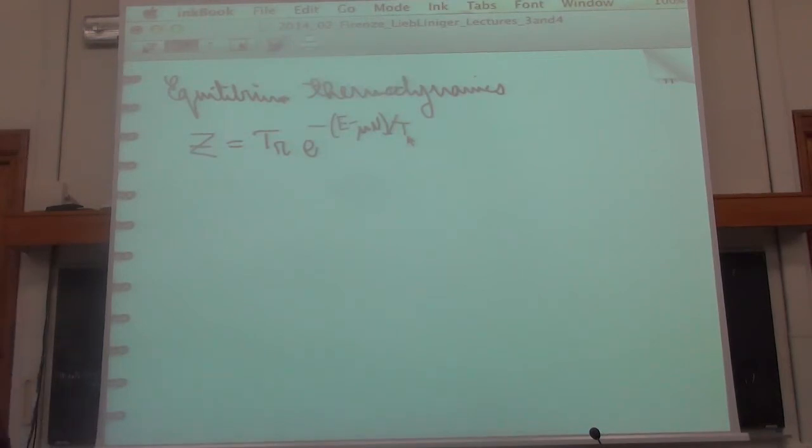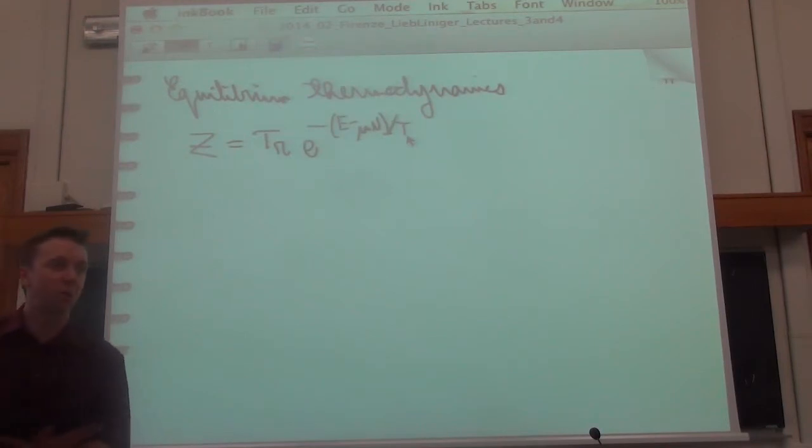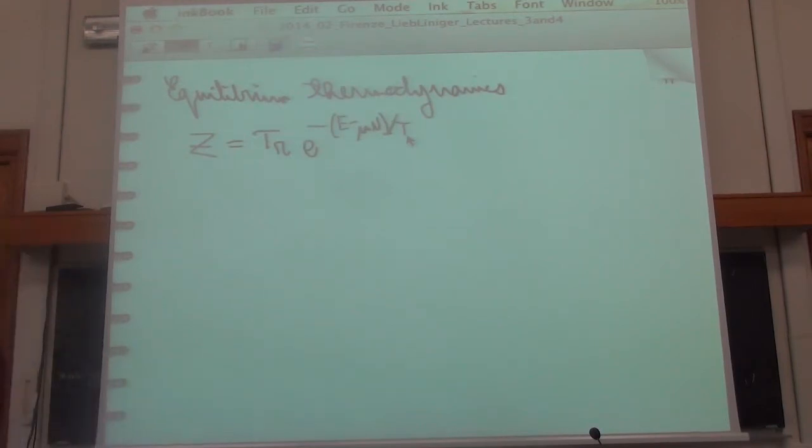Now what we know, at least what I've drummed into you, is that the set of eigenstates that we have, the Bethe wave functions, form a complete set of states. So we can just compute this partition function by explicitly summing over all eigenstates. And for each eigenstate, we don't need to deal with the Bethe wave function. We just need to know its energy. Its energy is simple, it's the sum of the k_j squared. So we can calculate this thing.